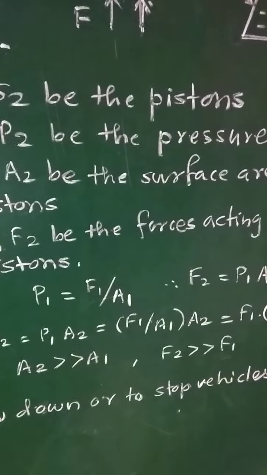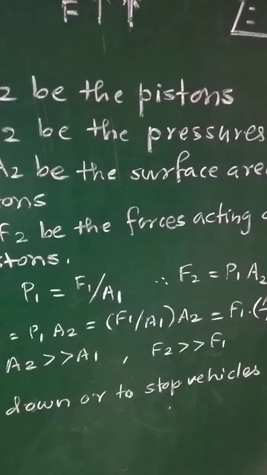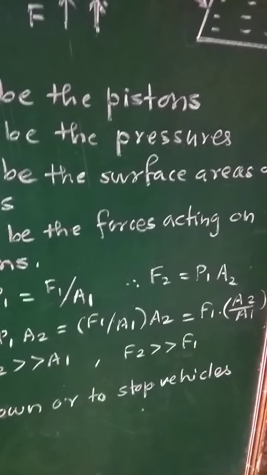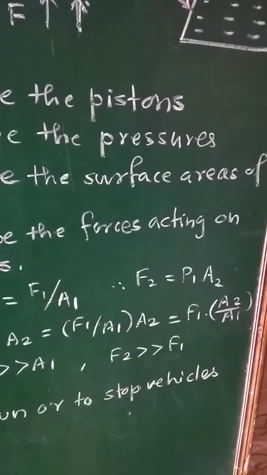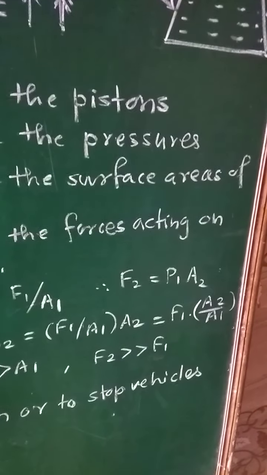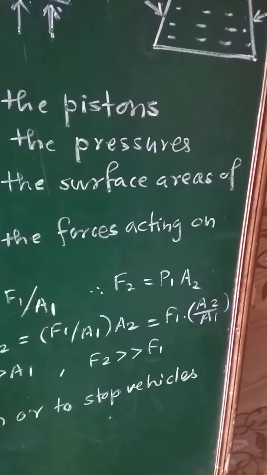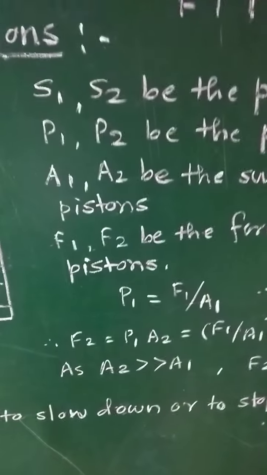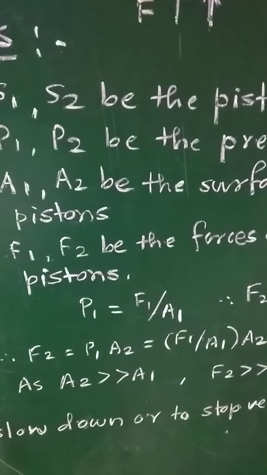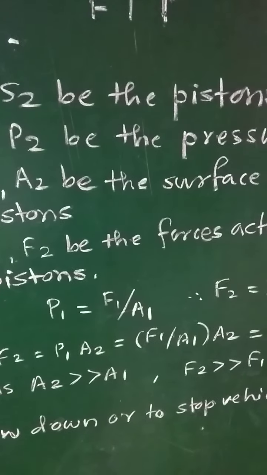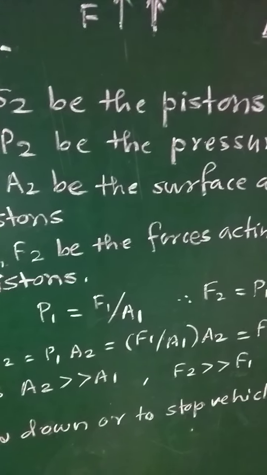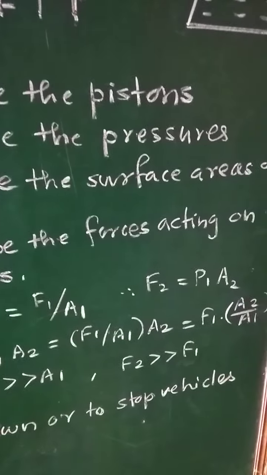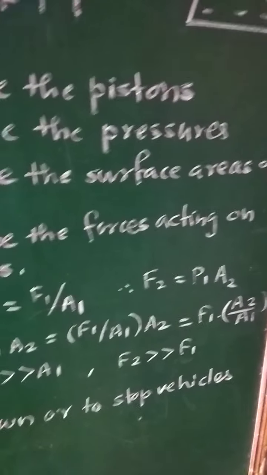Now this pressure will be equally and undiminished transmitted to the second vessel, and therefore we can write F2 is equal to P1 into A2, and hence F2 will be equal to P1 A2, that is equal to F1 upon A1 into A2, that is F1 into A2 upon A1.